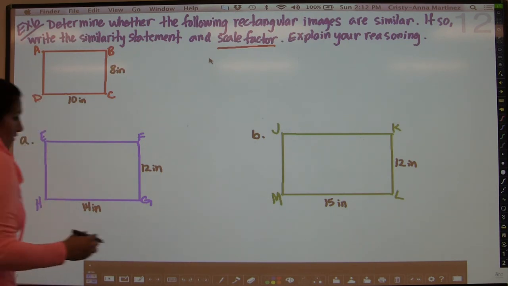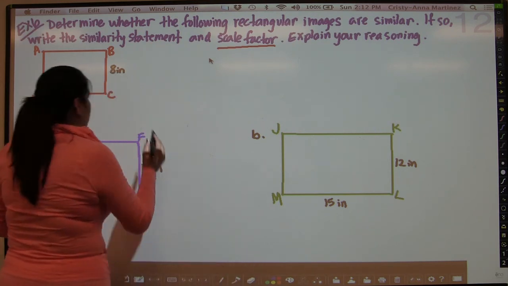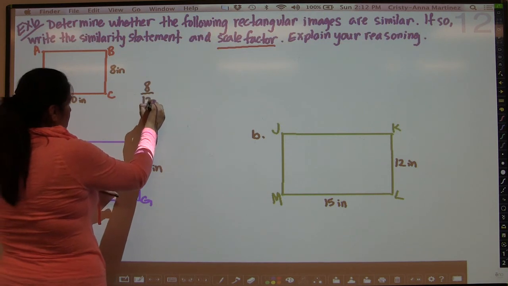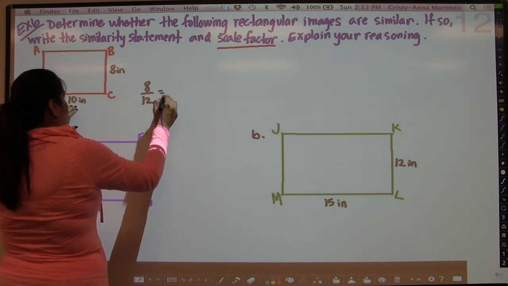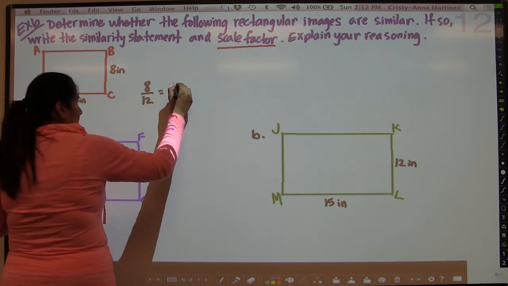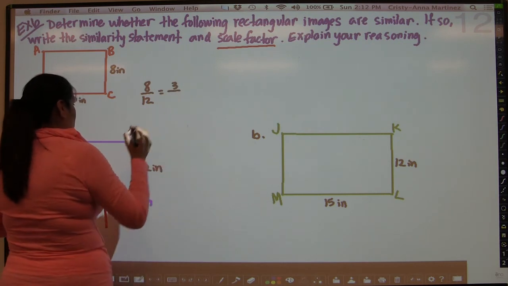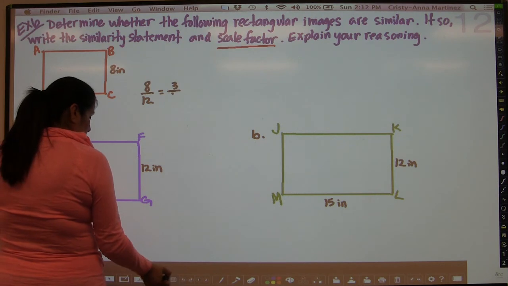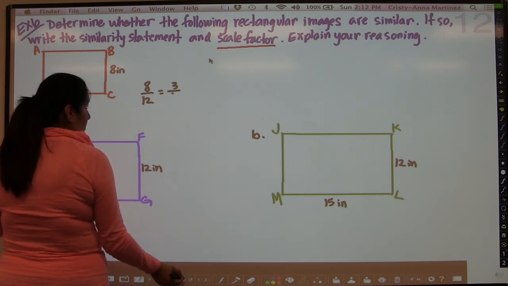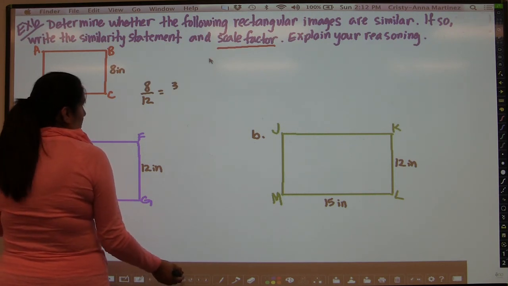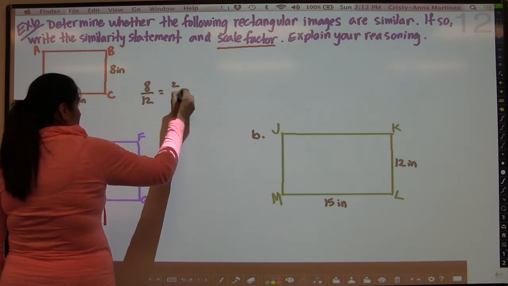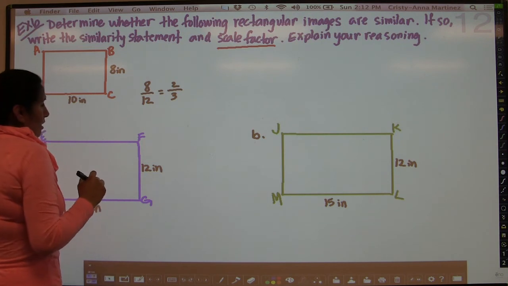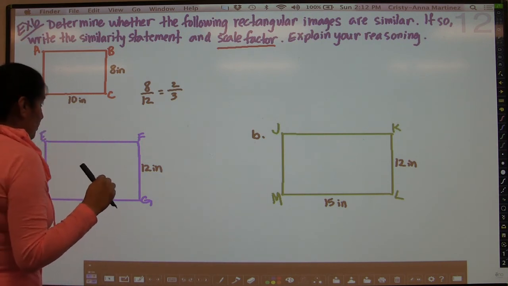So basically we're looking for the ratio of 8 inches to 12 inches. We know that 4 goes into 8 2 times, and 4 goes into 12 3 times. Sorry, I just did that backwards. So we get a ratio of 2/3, 2 to 3.